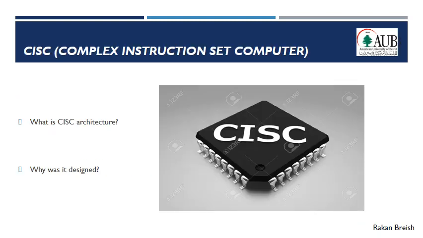Today I'm going to talk about the CISC architecture. CISC is an abbreviation of Complex Instruction Set Computer, and it is basically a computer where single instructions can execute low-level operations such as load from memory, an arithmetic operation, and a memory store.